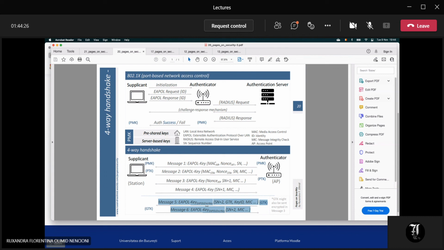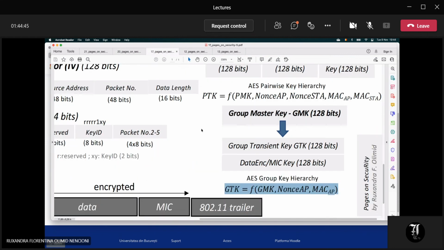So once the station agrees to communicate by broadcasting or multicasting with the access point, then they will use the GTK for data encryption? Yes. The GTK is used for this. Whenever the access point has something to send to everybody in the network, it will use the GTK.